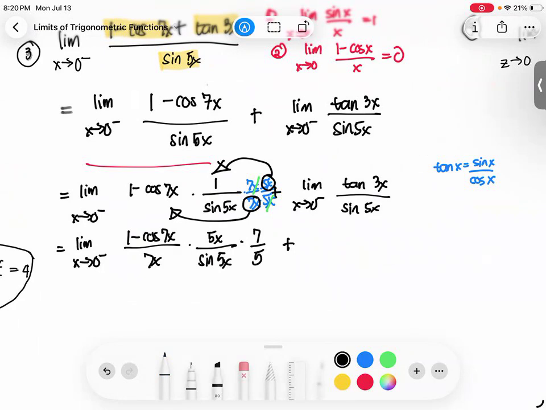So we have the limit of sine of 3x over cosine of 3x times 1 over sine of 5x. So we have written this separately as x approaches 0 from the left. Now, let's just copy the first piece.